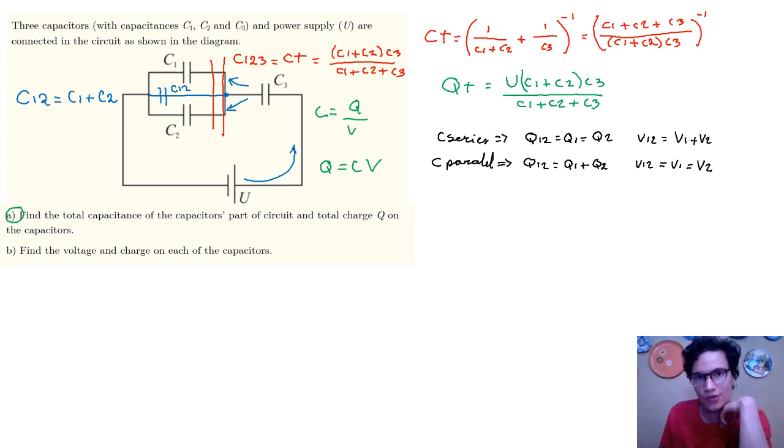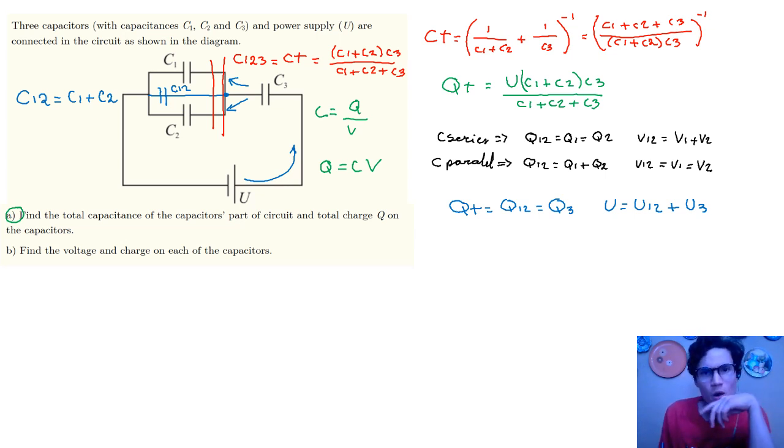So if they're in series, that means that the total charge, because they're in series, will be equal to the charge of C1,2, and equal to the charge Q3. And the total voltage will be equal to the voltage 1,2 plus the voltage in 3.